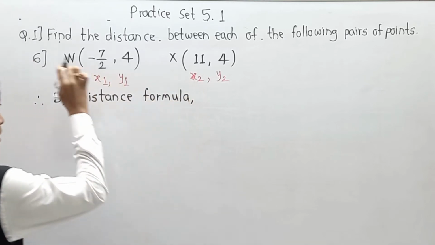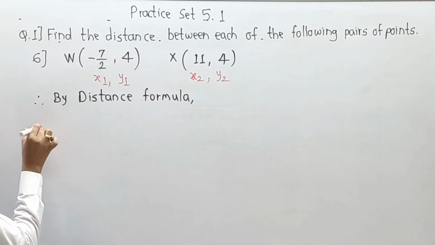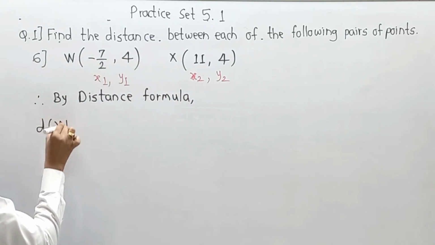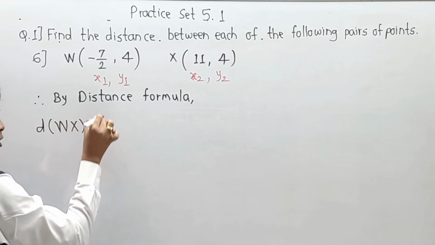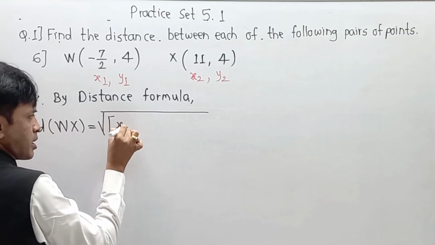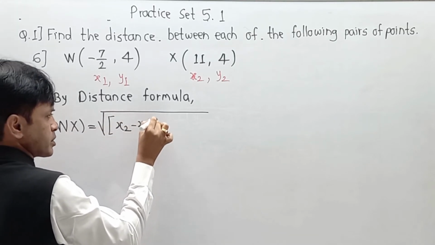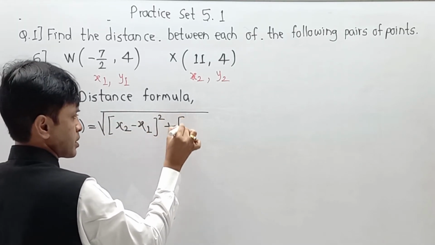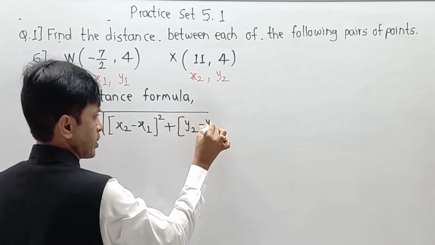the distance between WX, and according to the condition our distance formula is x2 minus x1 bracket square plus y2 minus y1 bracket square.